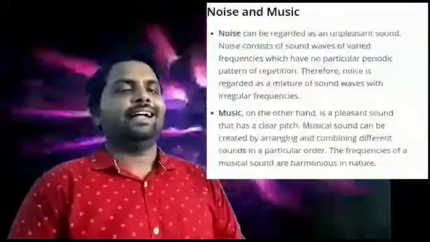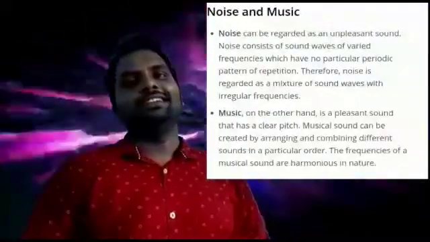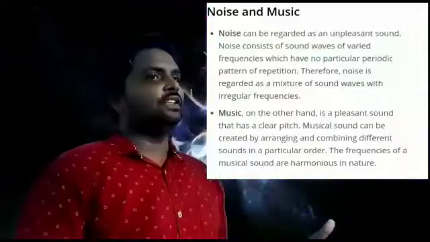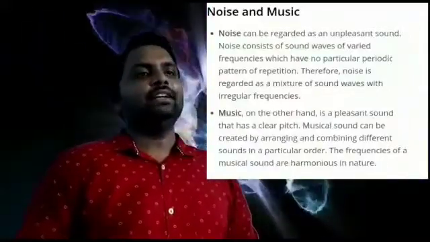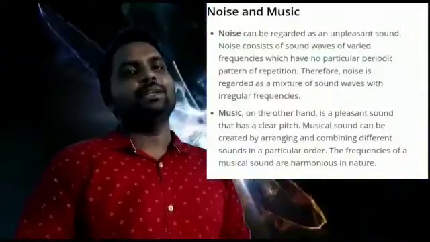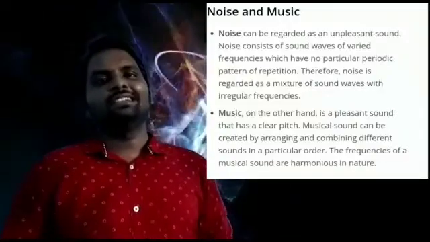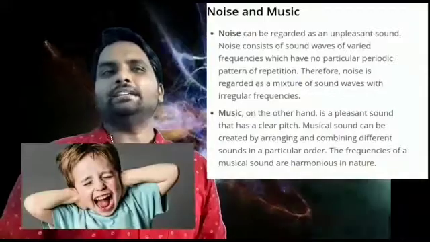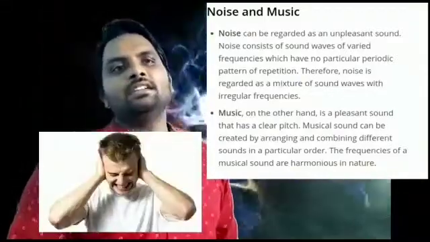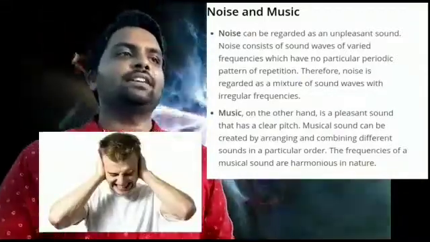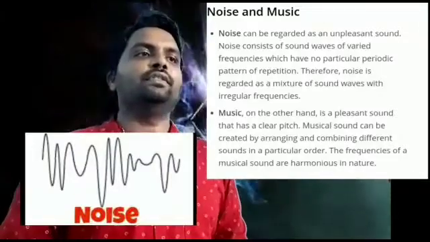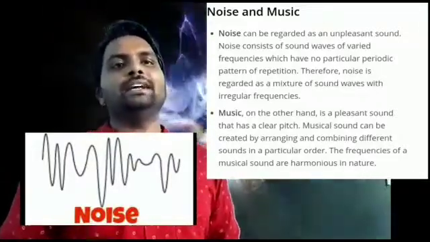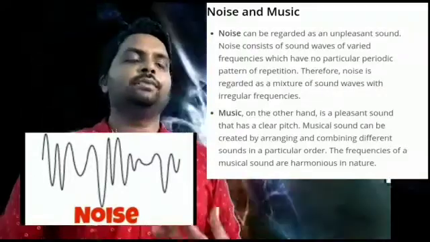Now we see another type of sounds: noise and music. First, what is noise? Noise can be regarded as an unpleasant sound. That means the sound we don't like, we call unpleasant sound. Noise consists of sound waves of varied frequencies which have no particular periodic pattern of repetition.